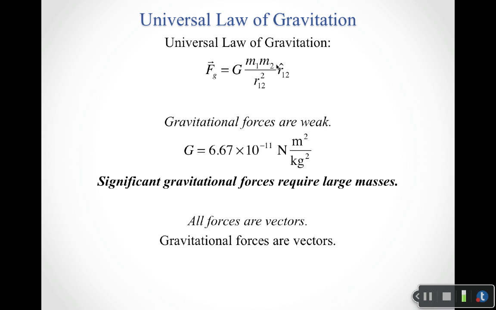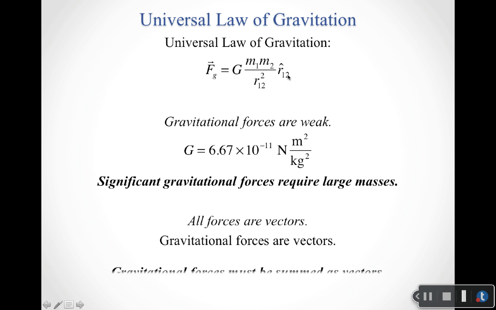The other thing is that all forces are vectors, so when we think about this expression, gravitational forces must also be vectors. This is just a notational way of saying that the gravitational force lies along the line between my two masses, confirming what we started with, that the force has to lie along the line that connects our two masses.